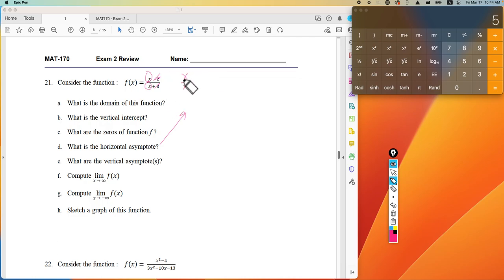As x gets big, this is what happens. What's x over x? Well, that's just 1. 1 divided by 1 is 1. So our horizontal asymptote is going to be y equals 1. So, as we're building this, we could come up with the picture, right? We're going to get a horizontal asymptote at 1.